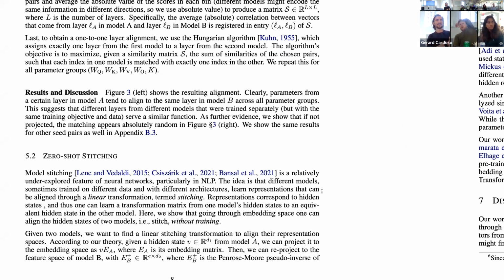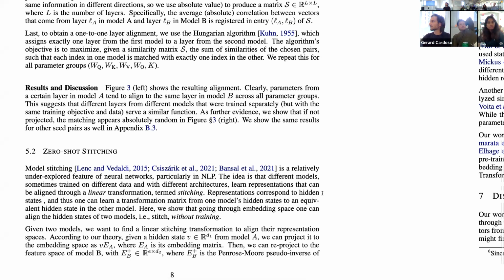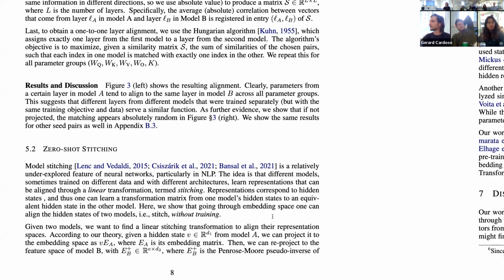Let me say it again. You have a fine-tuned model, and can you stitch some of its parameters into another pre-trained model that hasn't been fine-tuned, and still achieve good accuracy? Possibly, right? Because it's the same architecture, same data, same parameters, I guess.